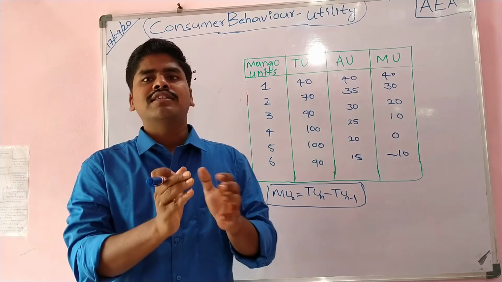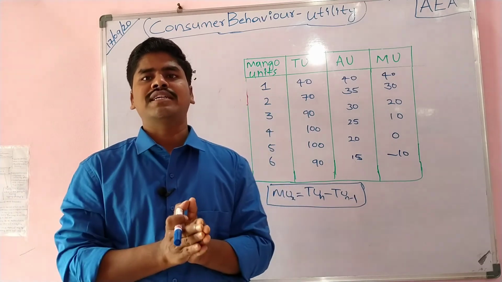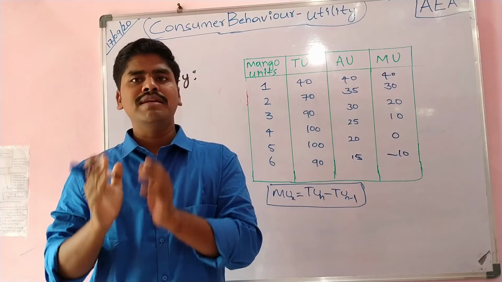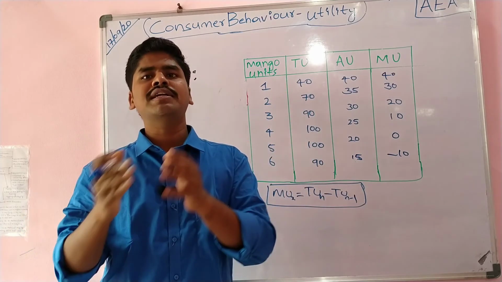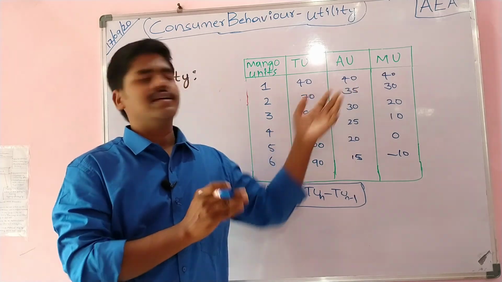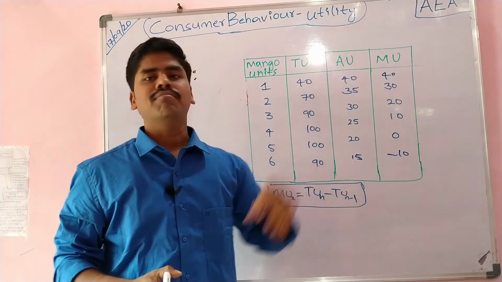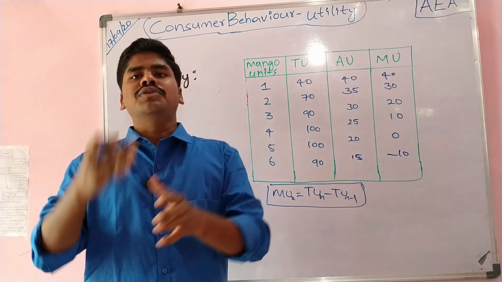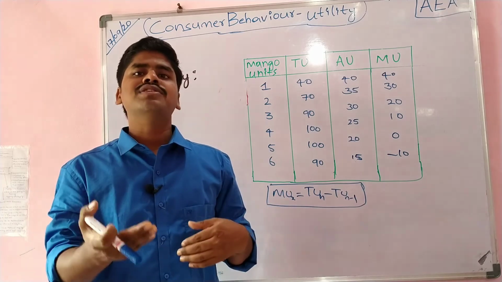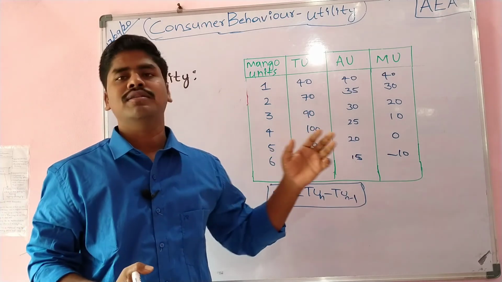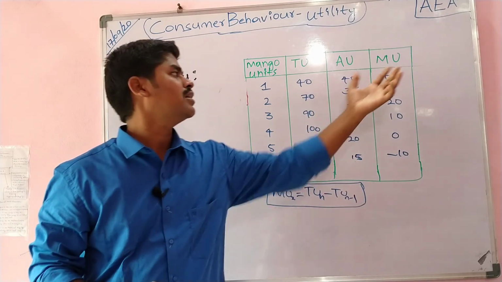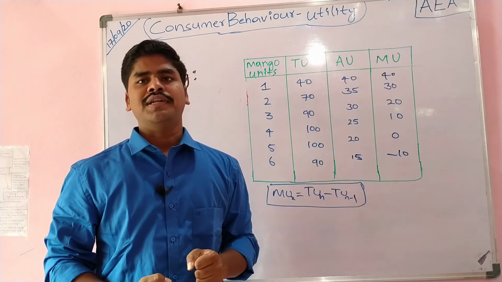Total utility is the summation of all units of satisfaction. Average utility is the total utility by the number of units. Marginal utility is the additional benefit you get from an additional unit of consumption.